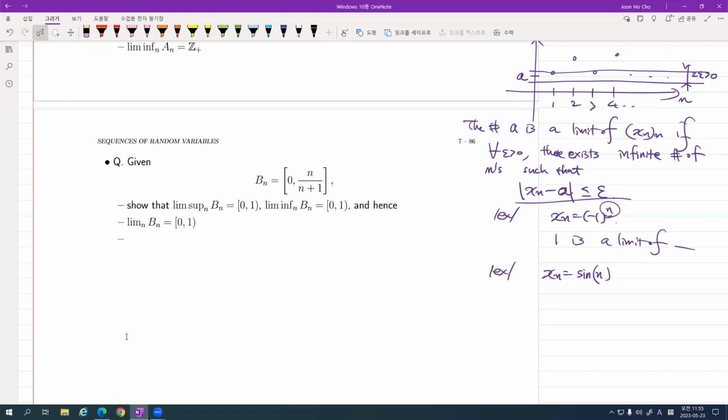Here, you can show that the lim sup of this sequence is the semi-open interval 0 to 1. Lim inf is also the same. What does that mean? This sequence of intervals is a convergent sequence of intervals, and the limit is 0 inclusive, 1 exclusive. Got it? So you have seen some definitions and 2 examples.